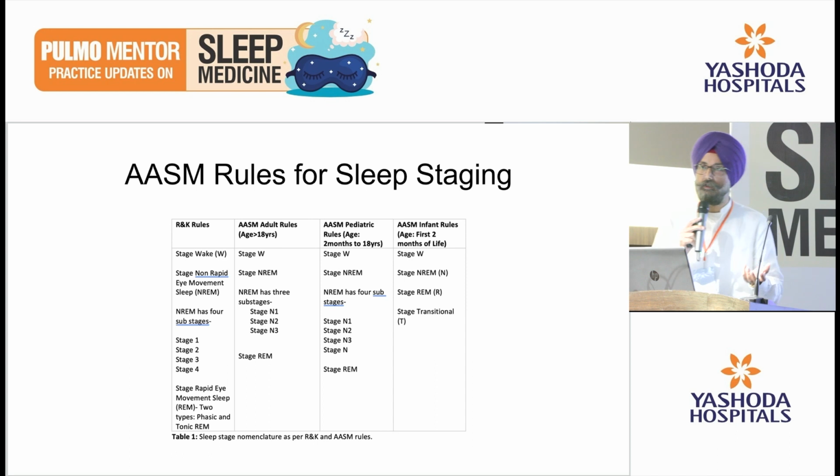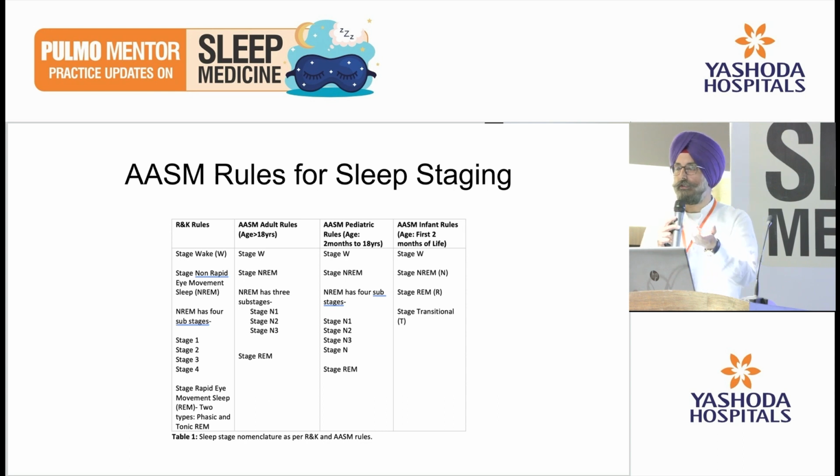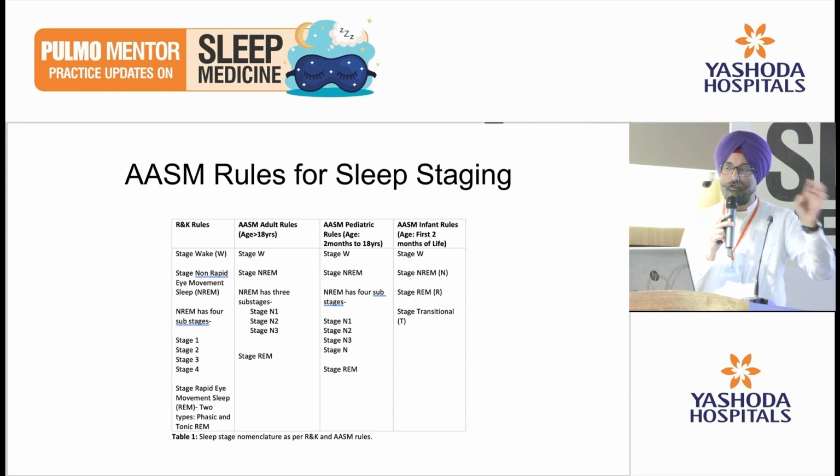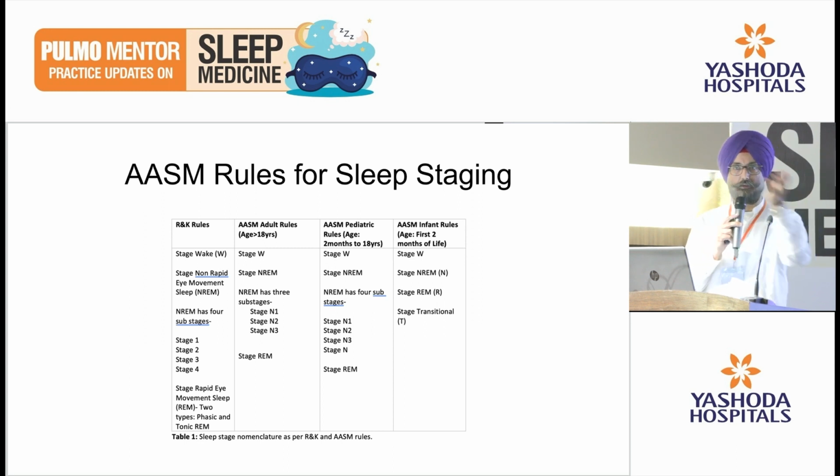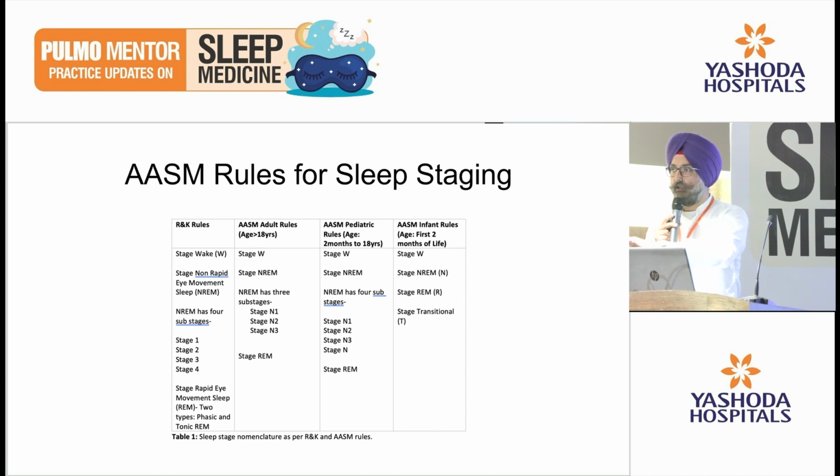The main reason given by the American Academy of Sleep Medicine for combining 3 and 4 together into one stage was to reduce interscorer variability. Because the difference between 3 and 4 was very less, and many labs had an issue of one lab saying the same epoch was 3, the other lab would say it was 4. So they said to reduce interscorer variability, we are clubbing it together. There was no physiological reason given by the American Academy of Sleep Medicine.